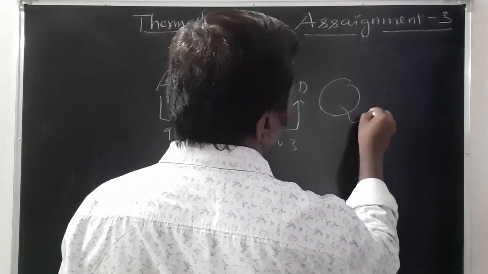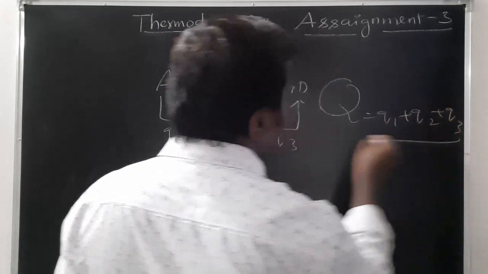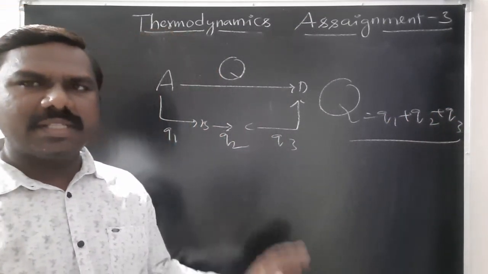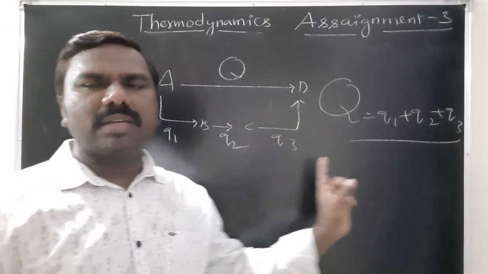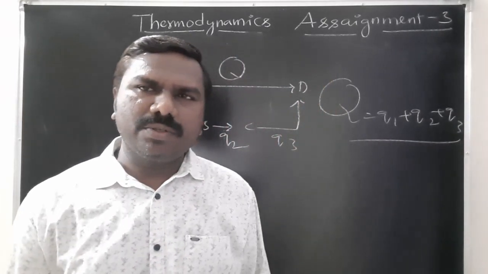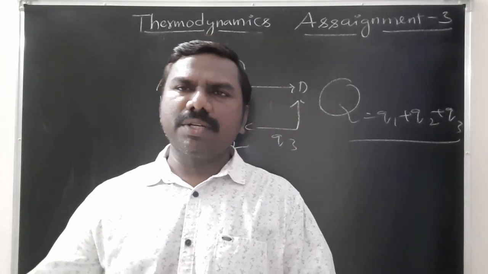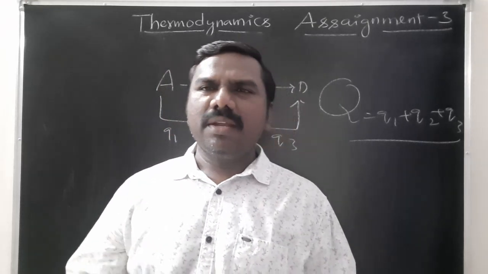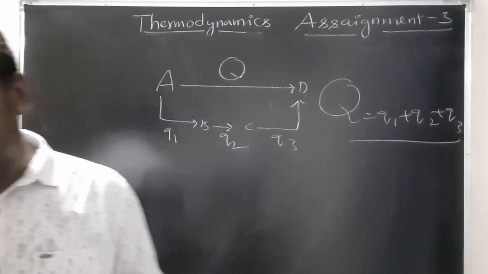Capital Q is equal to Q1 plus Q2 plus Q3. It means the total heat content of a system is the same whether the reaction takes place in a single step or several steps. This law is useful to find the enthalpy change in allotropic modifications, enthalpy of intermediate formation, lattice enthalpy, and for many other applications we will use Hess law.